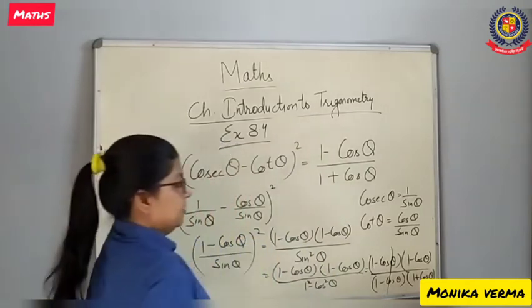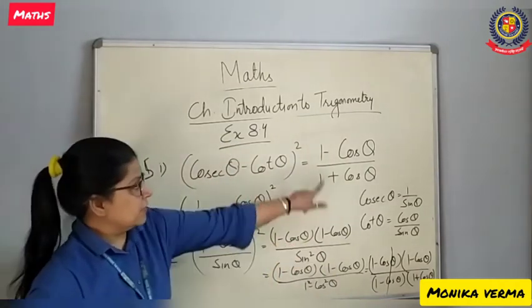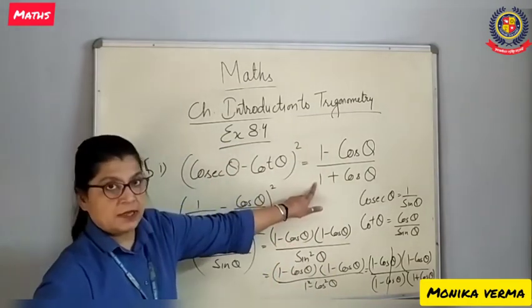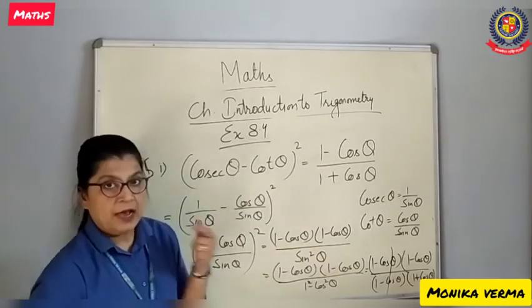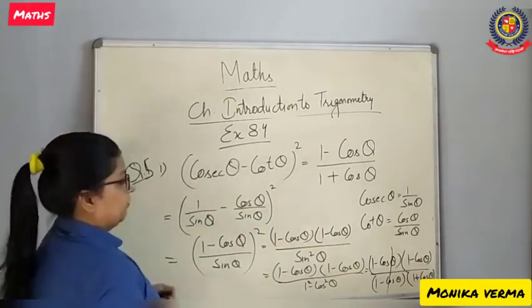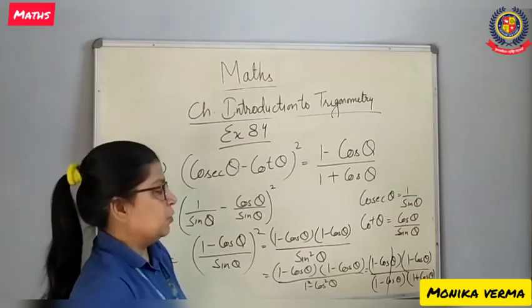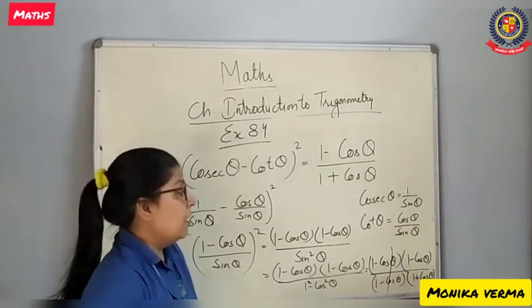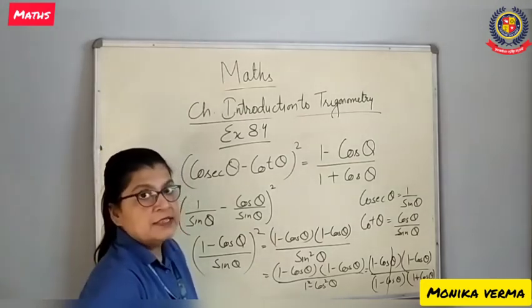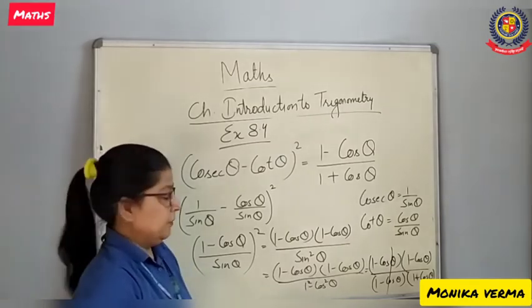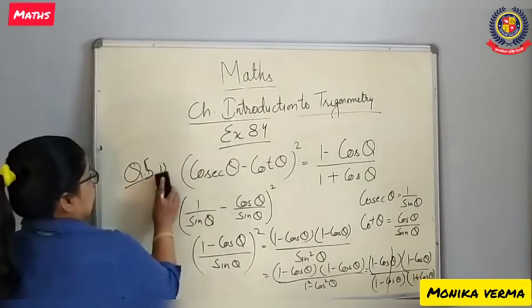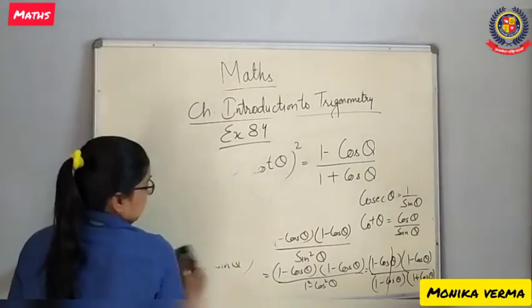This will cancel. So what did we get? 1 minus cos theta upon 1 plus cos theta. It means we have got our RHS. Hence proved. Okay? Second part of this question.